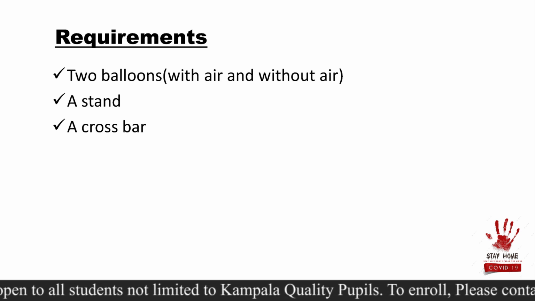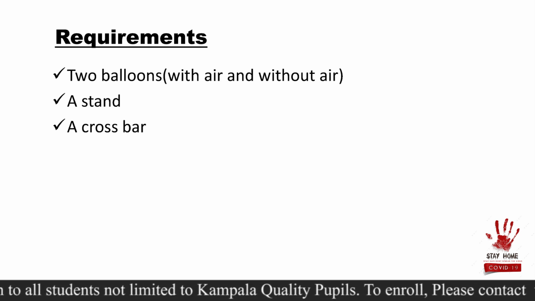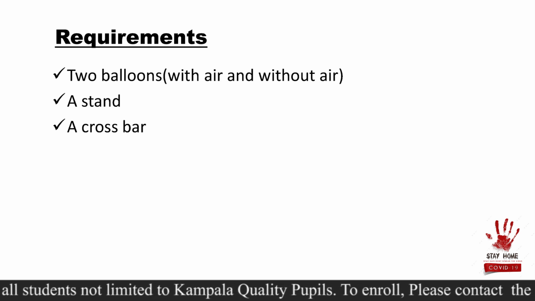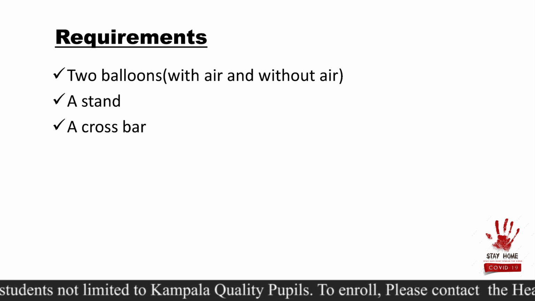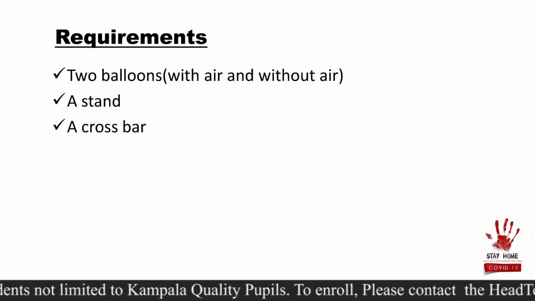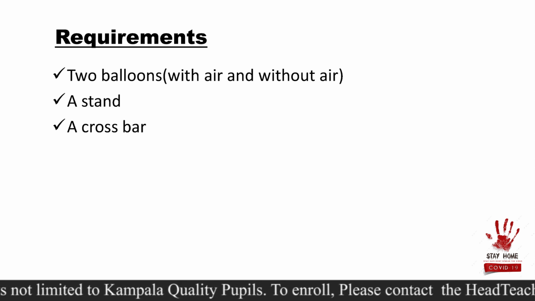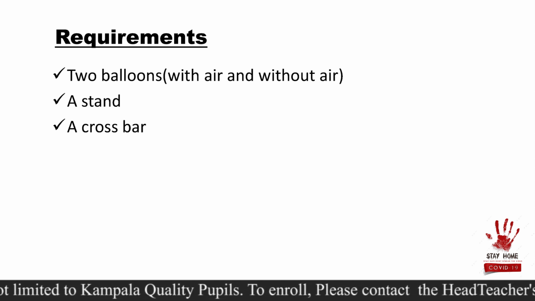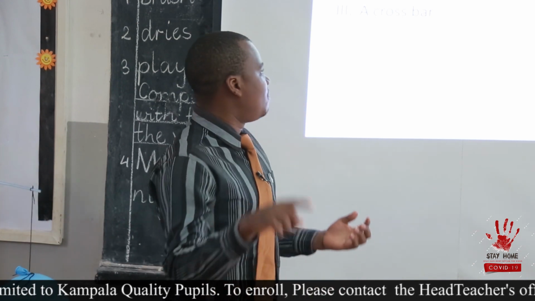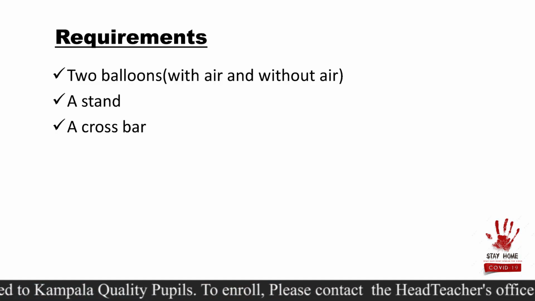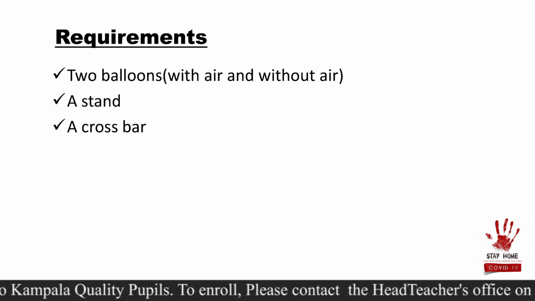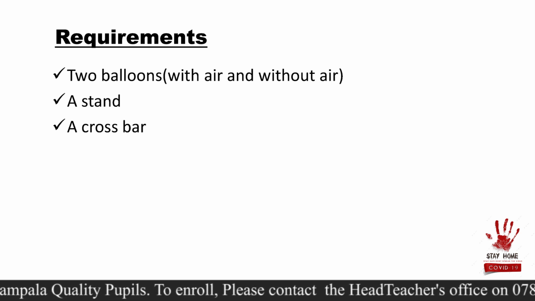We shall require these things. We shall need 2 balloons, 1 without and 1 with air. But before we make it without, we shall have all of them with air first of all. Then we shall make one of them empty and we see. We shall need a stand and a crossbar as we are going to see them.